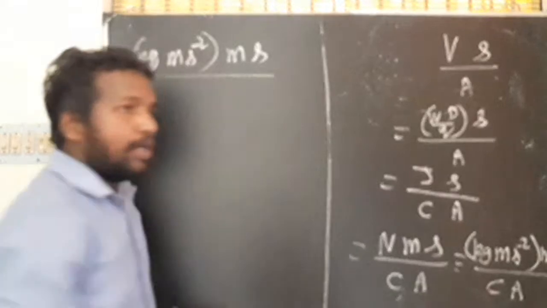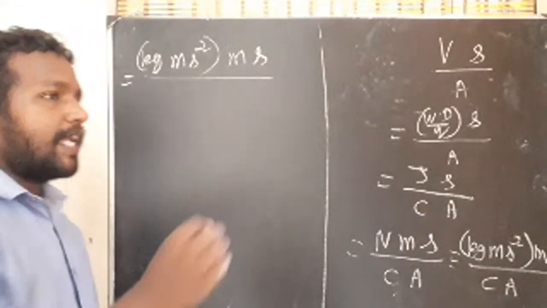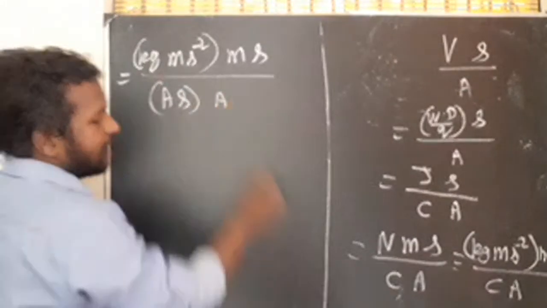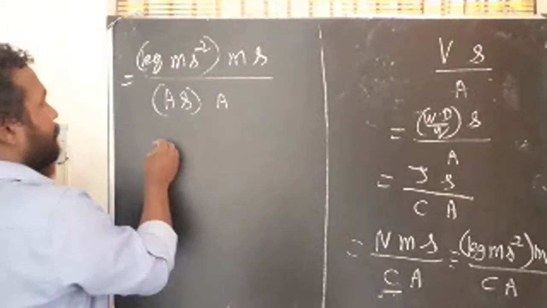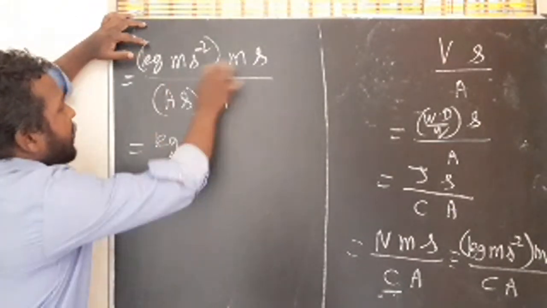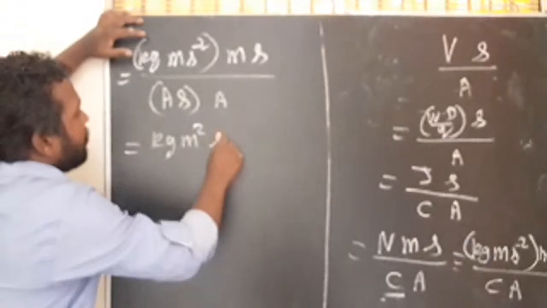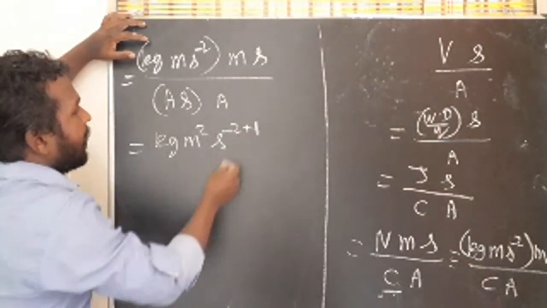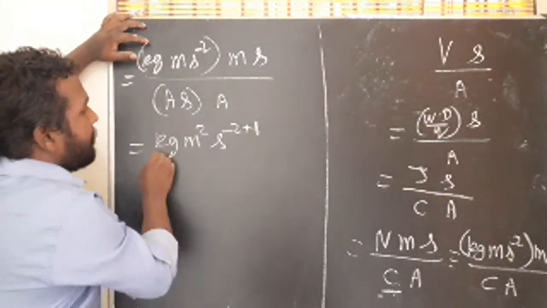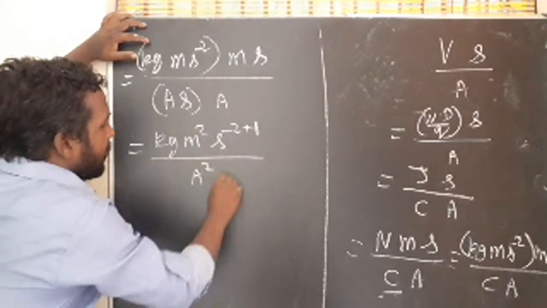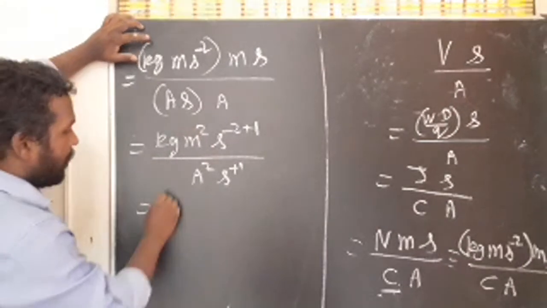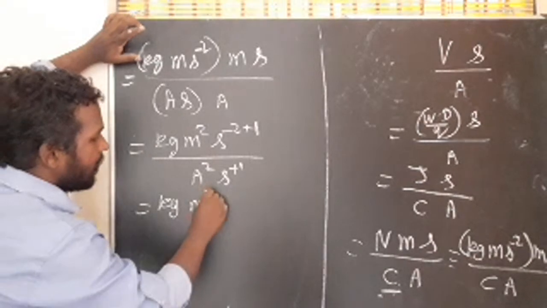Coulomb we don't have a dimension formula for, so we can write coulomb as ampere into second, into ampere. Ampere square. So kg meter square second minus 2 plus 1, so we'll have minus 1. Ampere square second plus 1. So now kg meter square second minus 1.